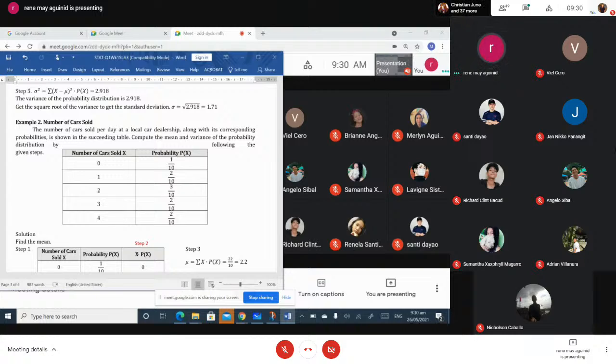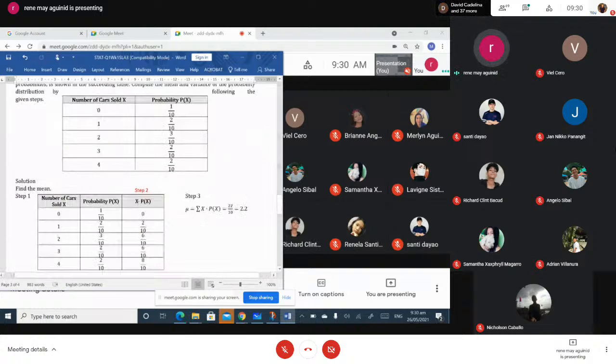So it is given in the problem. To compute the mean and the variance in the probability distribution, follow the given steps. We multiply the 0 and the 1/10, given in the problem.